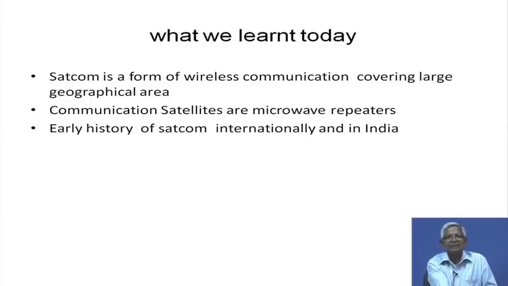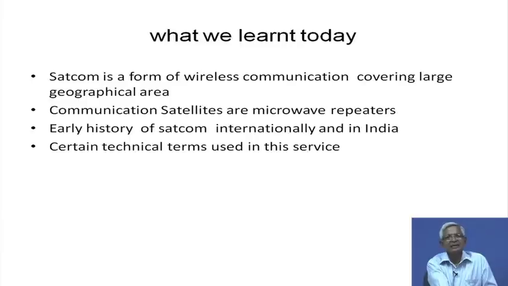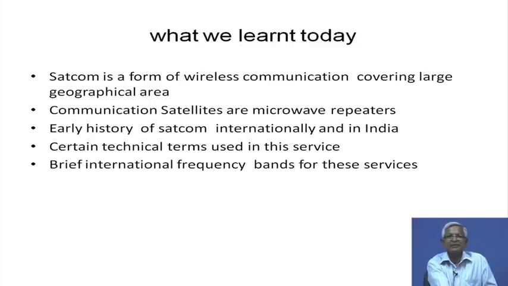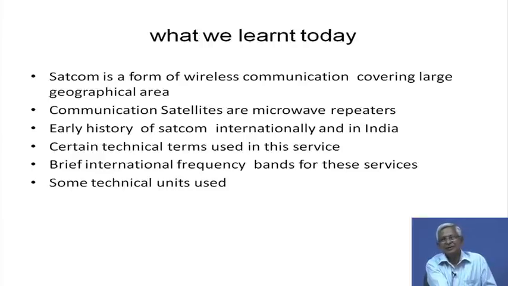We have seen a very brief early history of SATCOM internationally and in India, and certain technical terms like BSS, MSS, FSS and DTH, dB, dBW. These are certain terms we have used, and we have seen what is the international frequency band that is used for these services, and some technical units like dBW and gigahertz. These are certain things we have used.